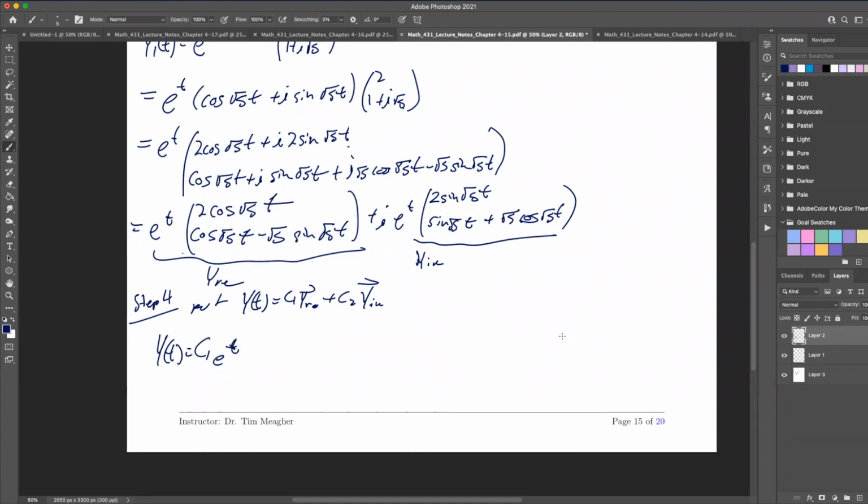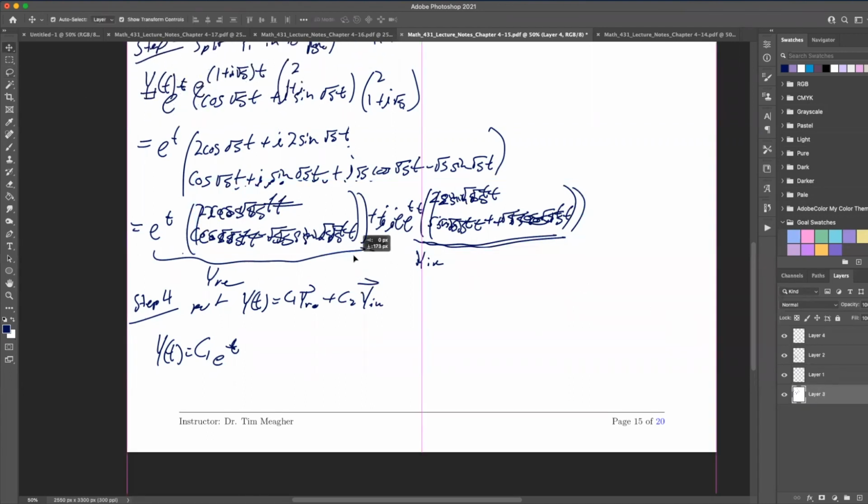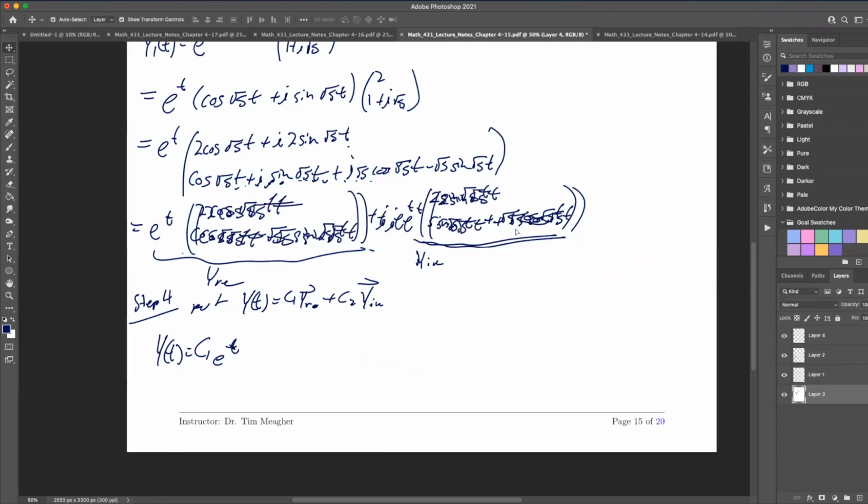I'm so tempted to do something because I'm in Photoshop, right? Just grab all this and copy and paste it. Copy and paste. Oh, look at that. No. I want my pasted layer to be, thank you. Why is it grabbing that layer?